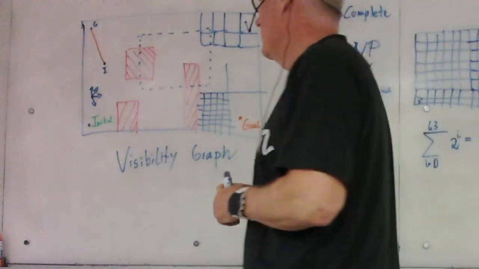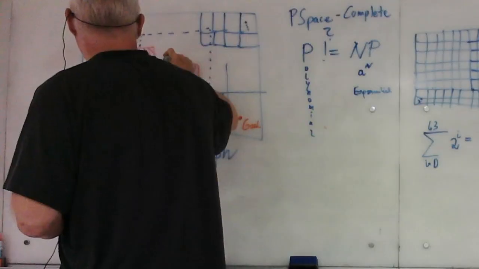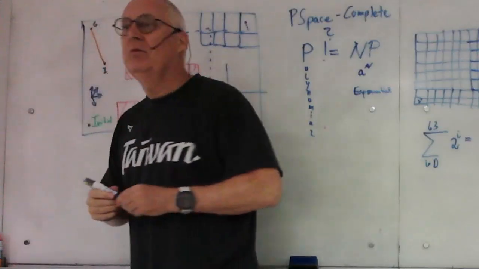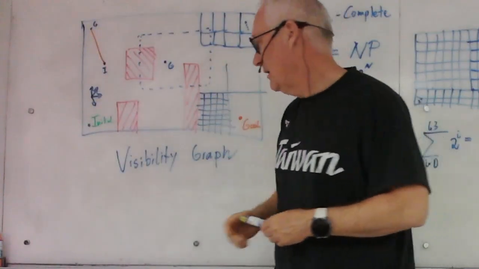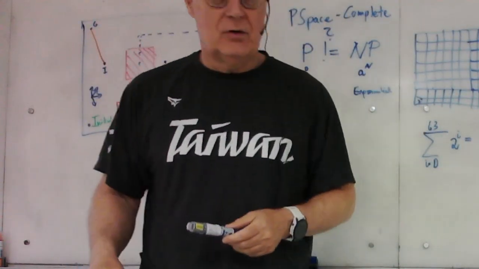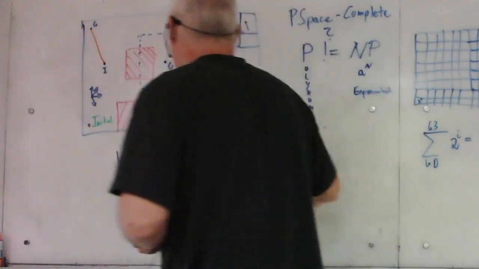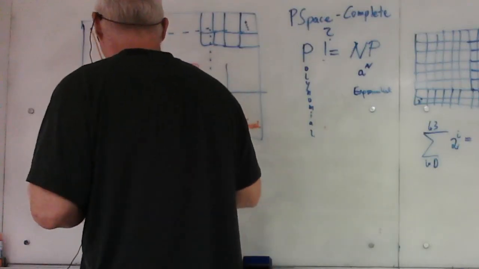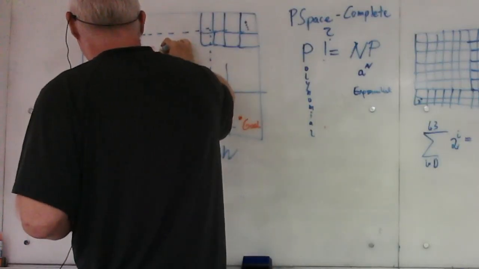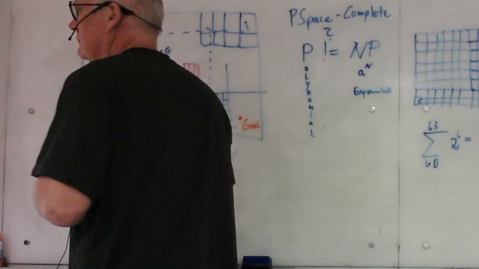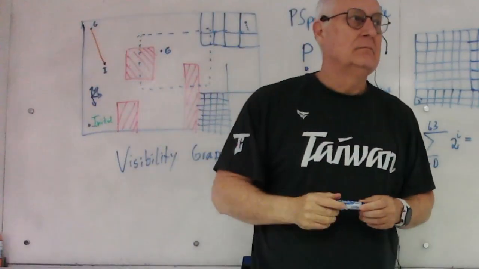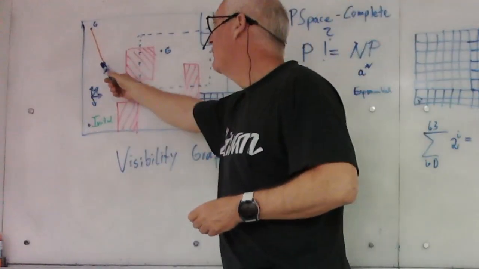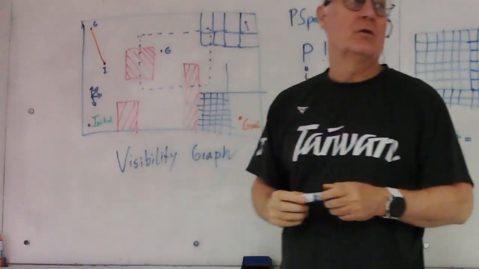Okay? Now, if I want to go from here to there, and here's my goal, then what will be the shortest path? Let's move the goal here. From here to there, what will be the shortest path?